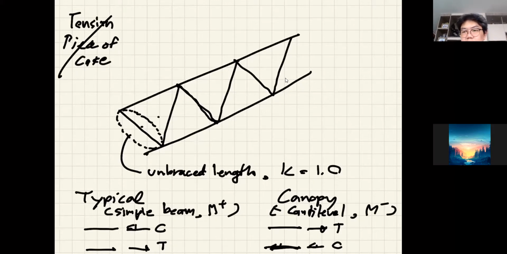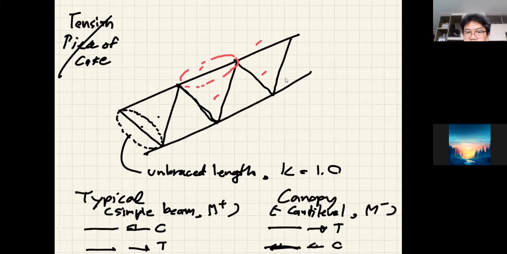Now when you look at the truss, listen very carefully. Even though when you perform the analysis, you would look at this member and then this member, that member, that member, and use either the method of joints or method of sections, you always look at this one as one member in your analysis.